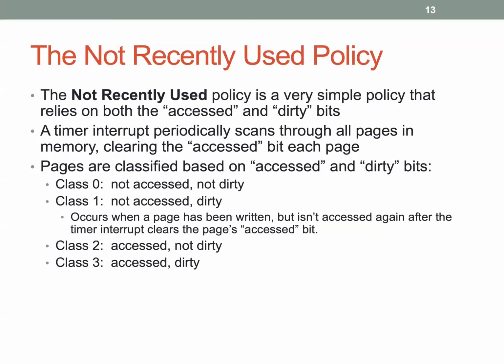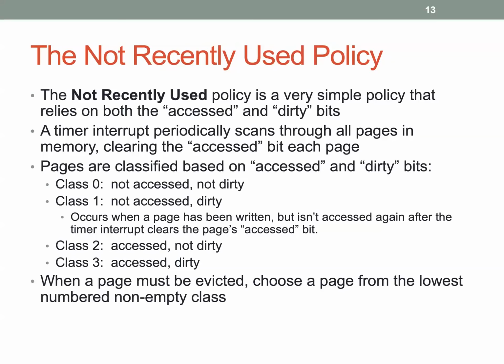Now, maybe you have to find something, and so you say, well, to avoid messing up program execution performance, I'd like to evict something that hasn't been accessed recently, but if it's dirty, then I still have to write it out. I'll take the hit, and so forth. And so the way that NRU works is exactly this way. You choose a page from the lowest class that isn't empty.